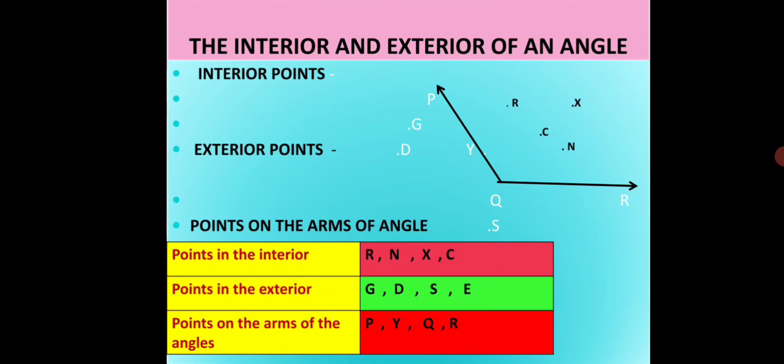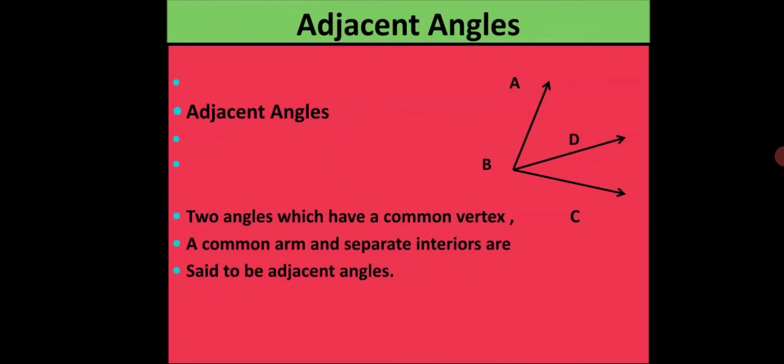Now we will move on to the next concept, that is adjacent angles. So what exactly do adjacent angles mean? Look at the angles in the figure alongside. You can observe that the ray BD is the common arm of angle ABD and angle DBC.